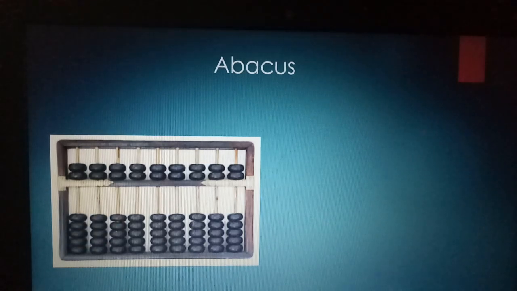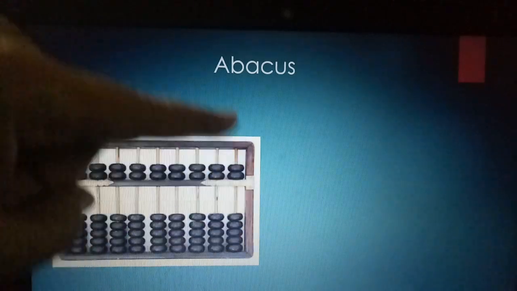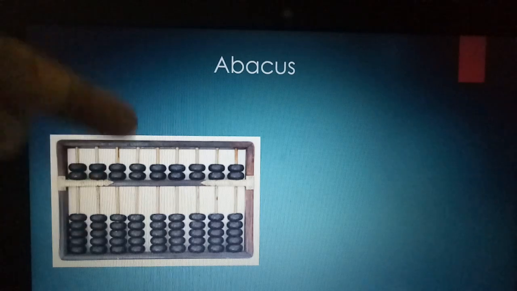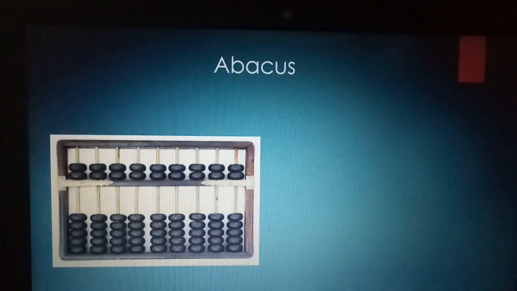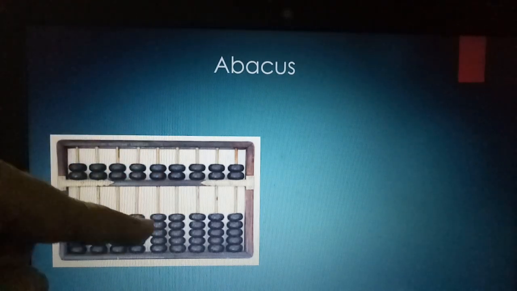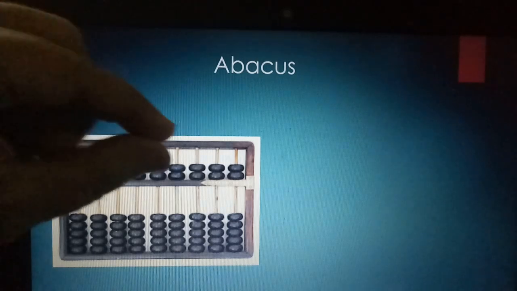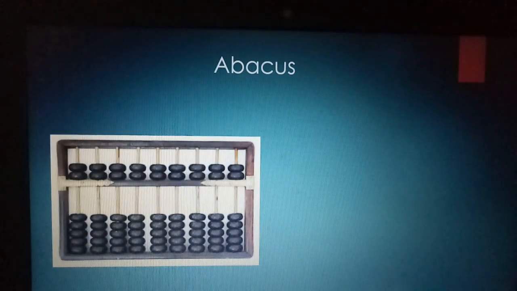Now the entire structure is made up of a wooden frame. They have rods. How many rods over here? 1, 2, 3, 4, 5, 6, 7, 8, 9. 9 rods are here. And on the 9 rods, you can see some things. What are these things?